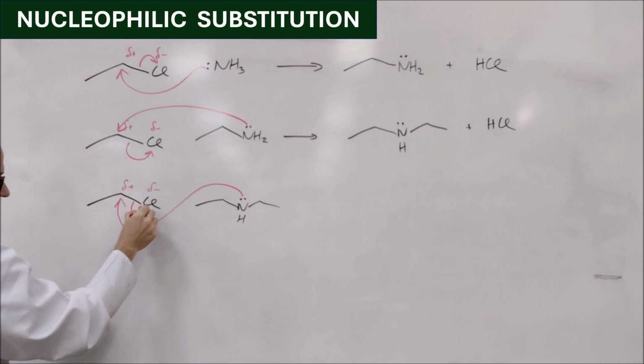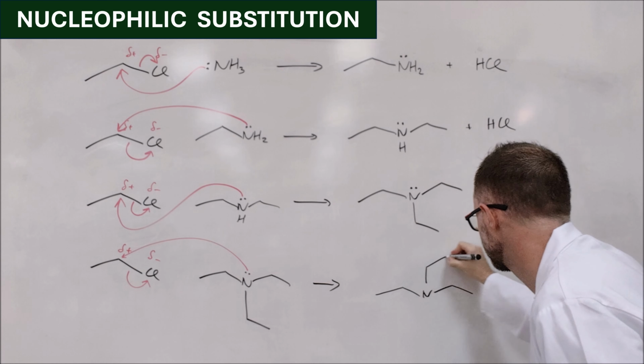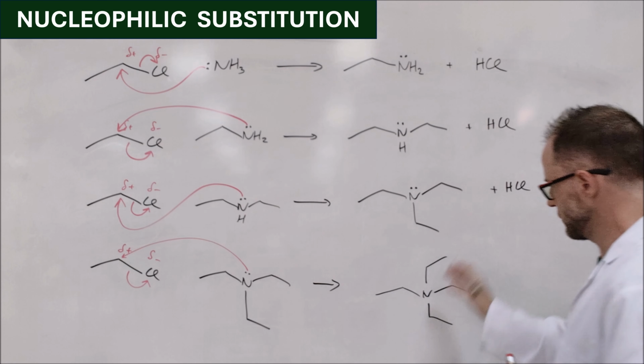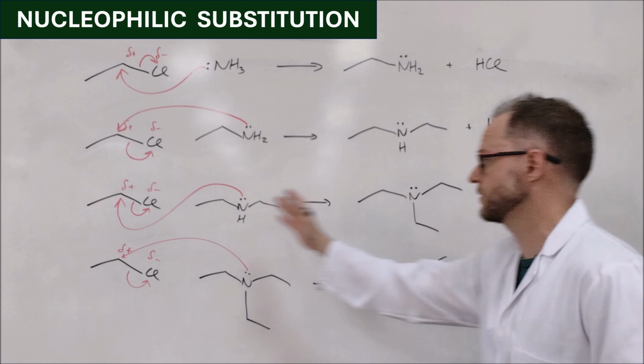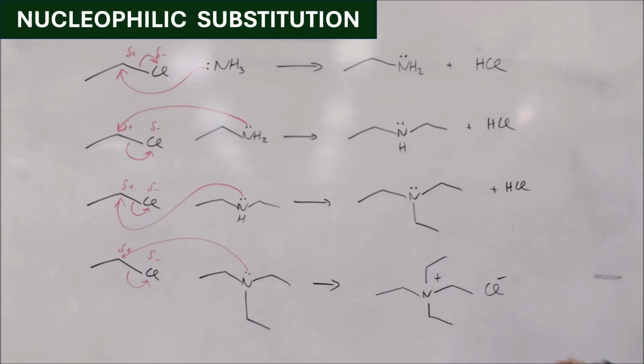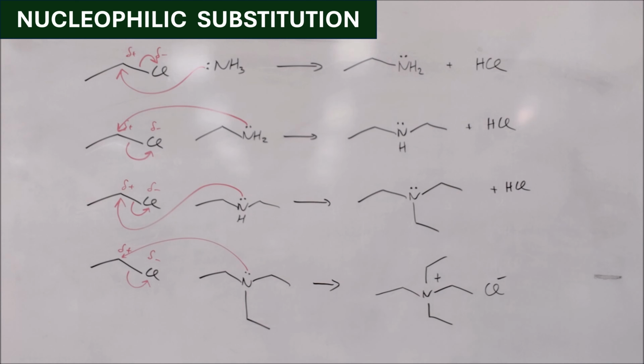In this case, we're going to make something that looks like this. Now we've got a nitrogen with 4 bonds. That gives it a positive charge. And our counter ion, the anion, would be the chloride ion. So that is a salt, which would be tetraethyl ammonium chloride.